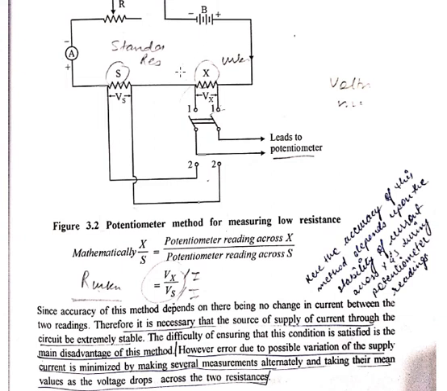Whenever we measure the voltage across this, we take the current the same as when we take the measurement through this.